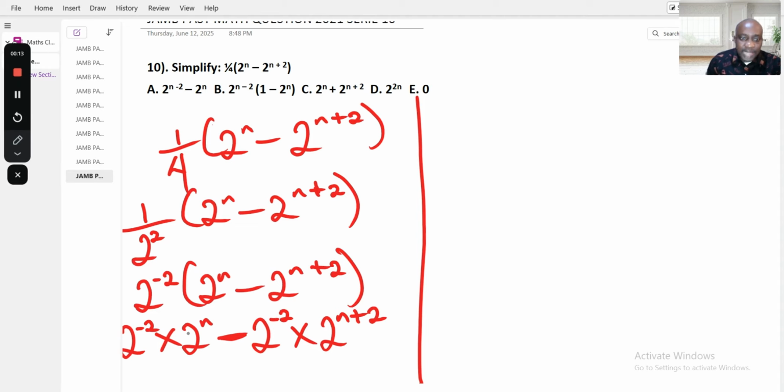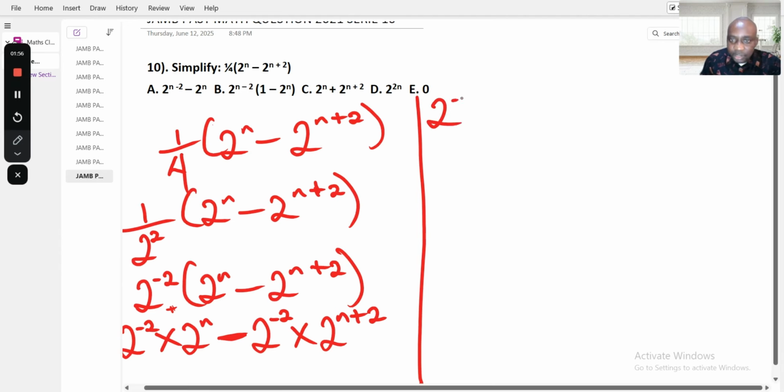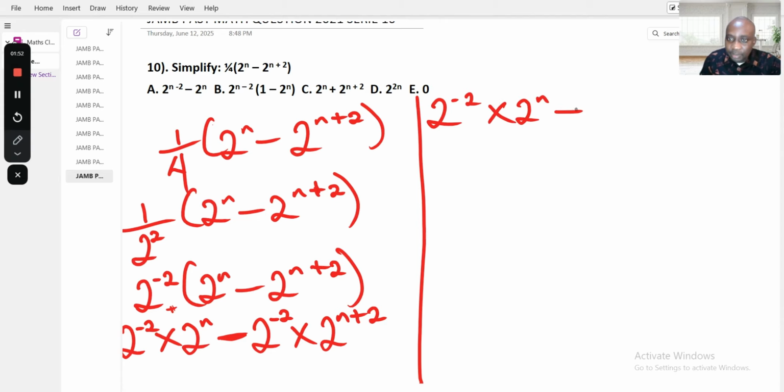Now, in multiplication, if you want to combine two of the same base, whenever you see multiplication, it means that we are going to add the powers. This multiplication means addition. If you want, let me write the question here so that we can see it clearly. 2 raised to the power minus 2, multiply by 2 to the power 2n minus 2, again multiply by 2 to the power n plus 2.